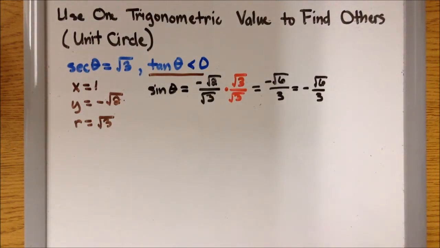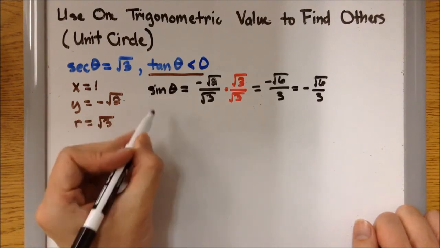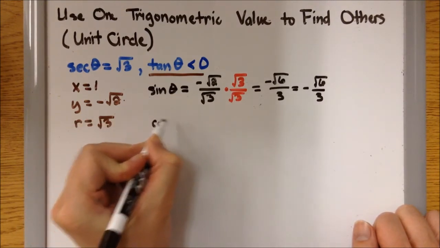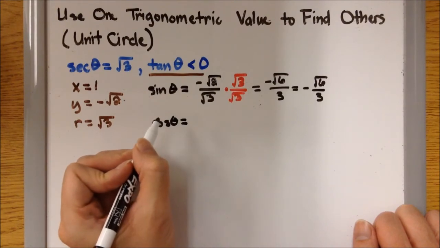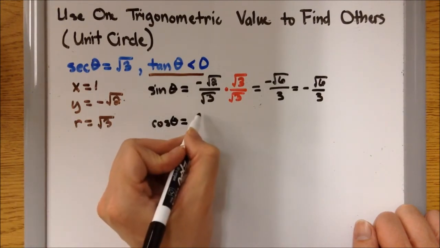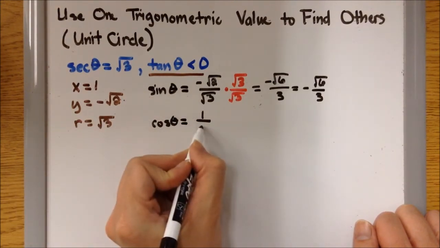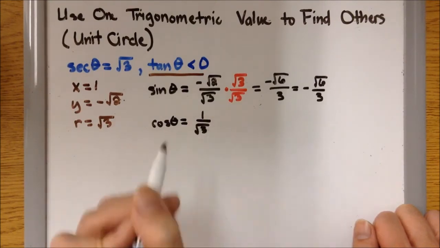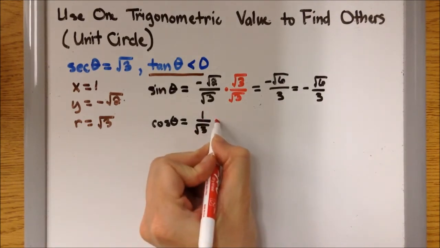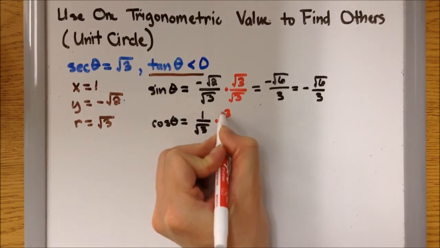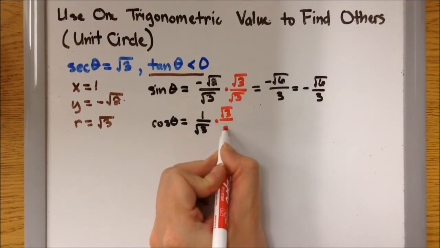Alright, let's do cosine. Cosine is x over r, so 1 over square root of 3. And again, since we have a radical in the denominator, we have to rationalize it. So, multiply top by square root of 3, multiply bottom by square root of 3.